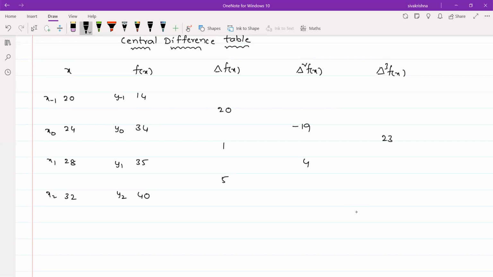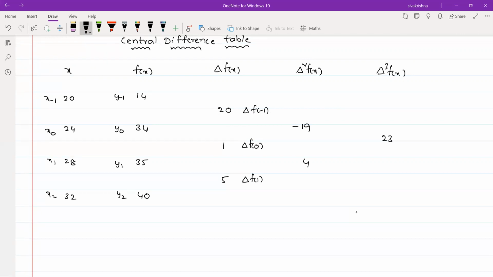And coming to the names of first differences, the first value is delta f of minus 1, and this is delta f of 0, and the next one is delta f of 1. Since the first value in y is y suffix minus 1, the first value in the first differences is delta f of minus 1.